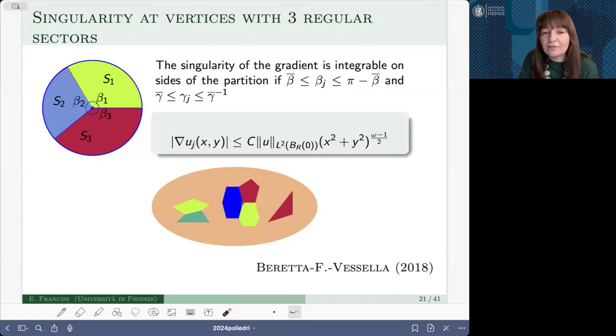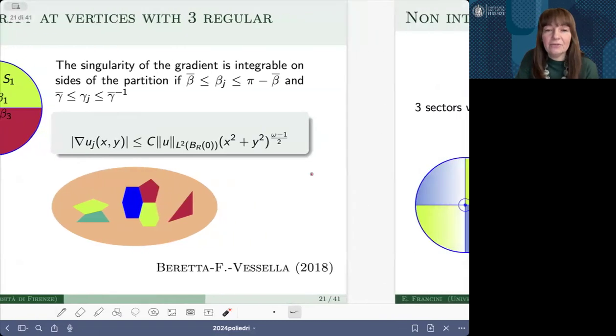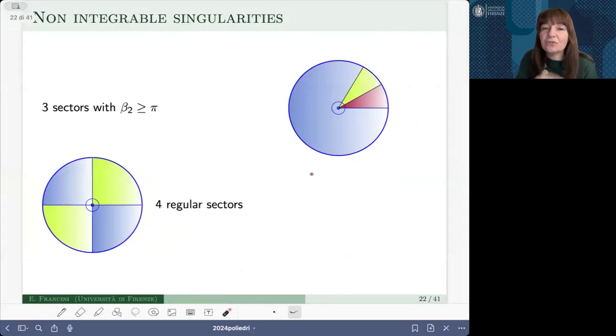You just need to have this kind of condition: when you have 3 or more different materials joining at one point, each of the angles needs to be smaller than pi. If you break this condition, for example, if you have 3 sectors and one of them is bigger than pi, or if you have 4 even regular sectors, then the gradient of the solution is not integrable anymore.